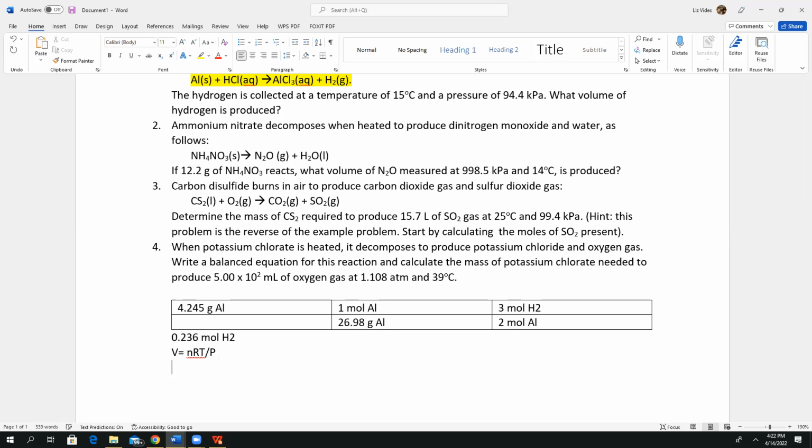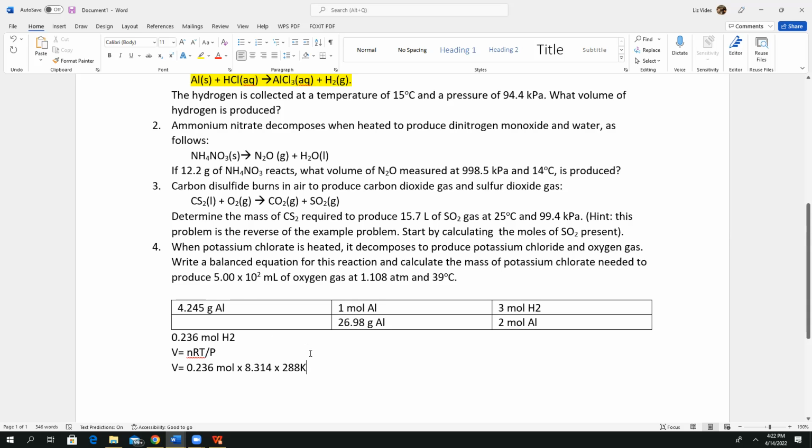V is going to be equal to the number of moles times R, which is 8.314. I'm not going to put units right now, but you should. And the temperature, which needs to be in Kelvin, is 288.